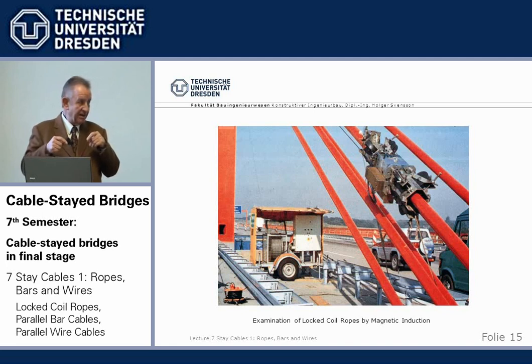Okay, lately 10, 20 years more, it is done by magnetic induction. There is a magnetic ring going through, and then the echo on the other side, when it goes through the wire, shows up wire breaks.